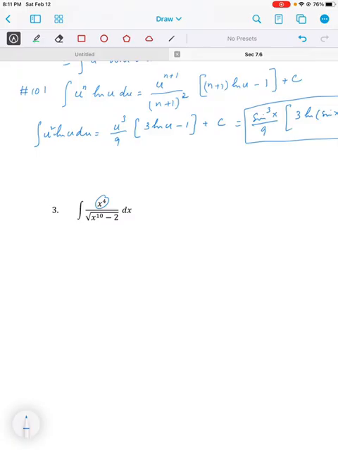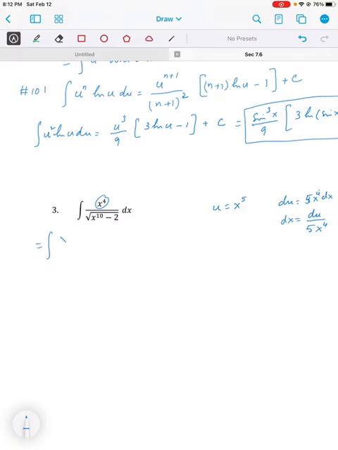Now x to the 4 you will get when you differentiate x to the 5. So this is suggesting that we take u to be x to the 5. So then du is 5x to the 4 dx. So that dx will be du over 5x to the 4th.